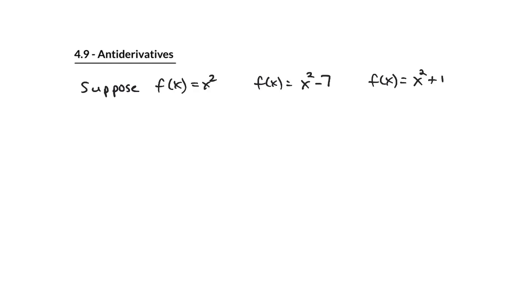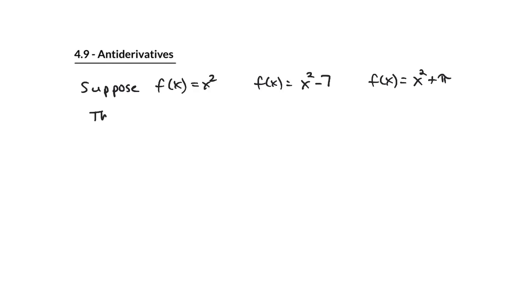So to see how this works, let's just start off with something like, let's say, suppose f of x equals x squared, or let's say f of x equals x squared minus 7, or even f of x equals x squared plus pi.